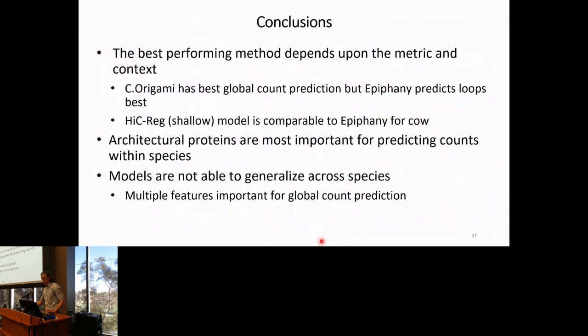So in conclusion, the best performing methods often depend upon the choice of metric for how you evaluate them, as well as specific biological context, be that species or possibly cell type. And then using architectural proteins can be very important for models to make good predictions on species, and all types of models are very bad at generalizing across new species.